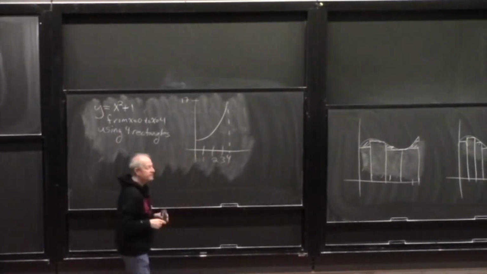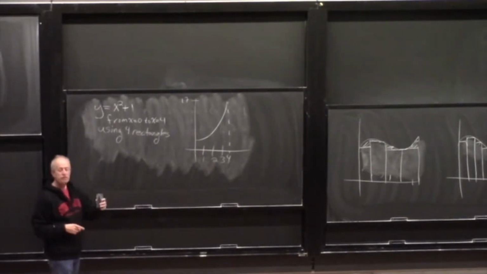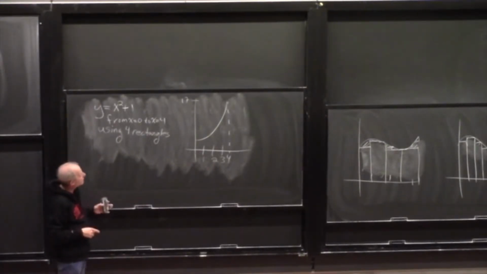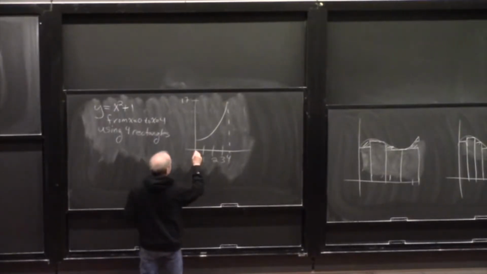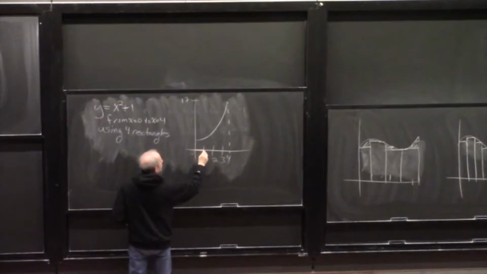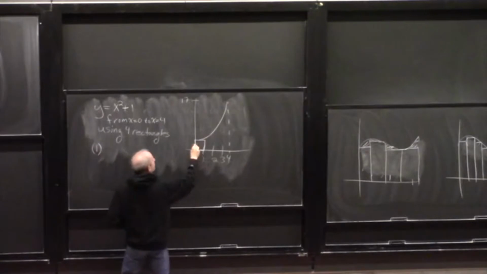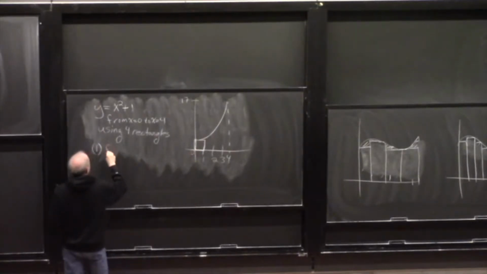And how could I find the height of the rectangle? Well, the simplest thing to do is use the curve. I'm going to go up the left side of the curve. When I'm at 0 to 1, I'm going to come up with the height by finding f at 0. So the width is 1, and the height of this is f at 0.